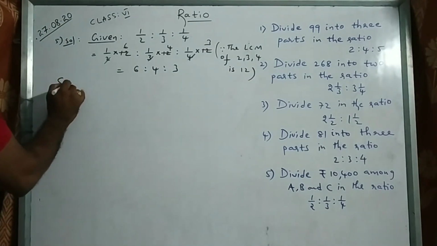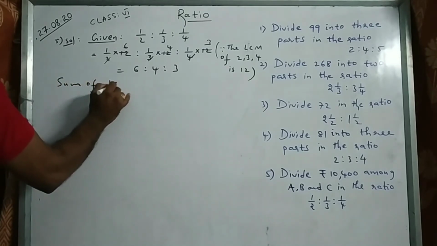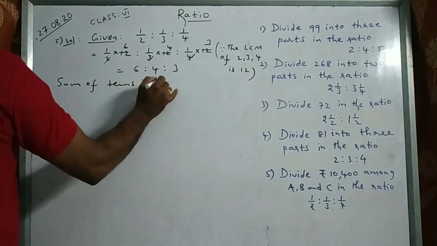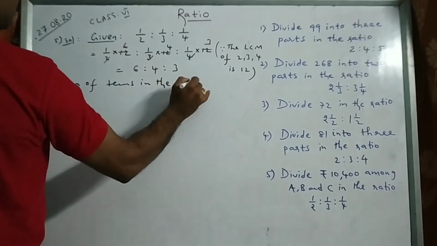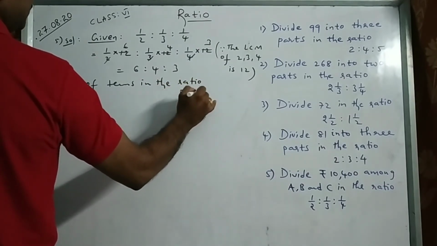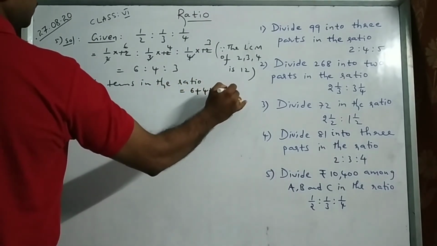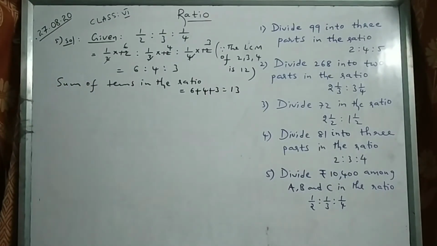Then now find out the sum of terms in the ratio. Sum of terms in the ratio equal to 6 plus 4 plus 3, 13. Right? Clear?